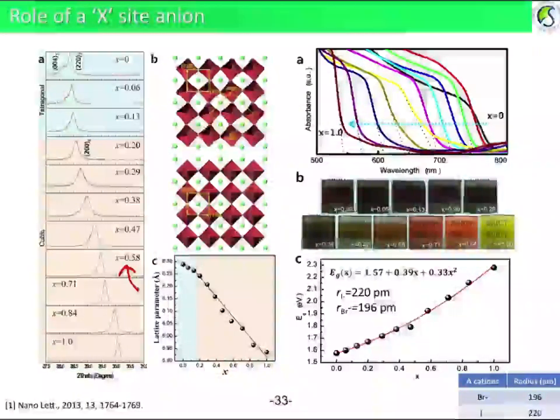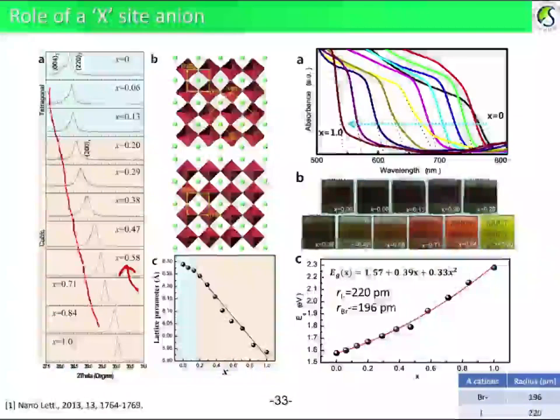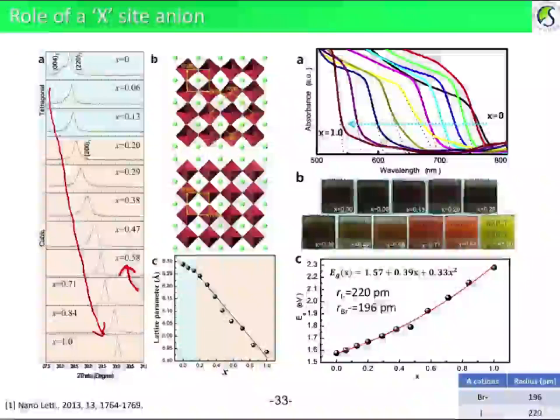You can see that as we increase the fraction of the bromide in the film, the characteristic diffraction peak from the perovskite shifts towards the higher angle, which means that the lattice constant is decreased.